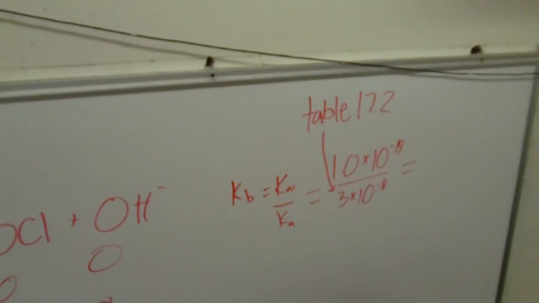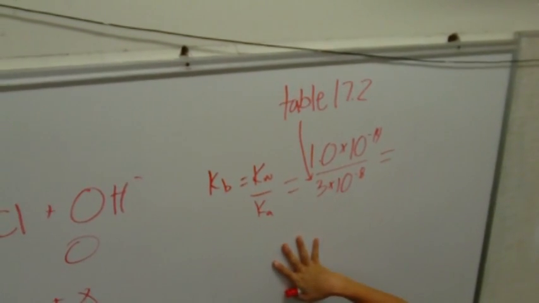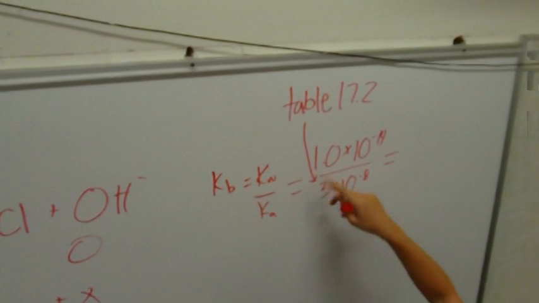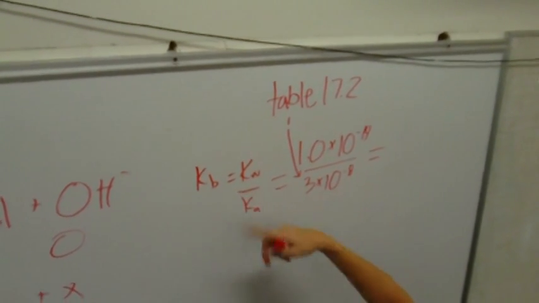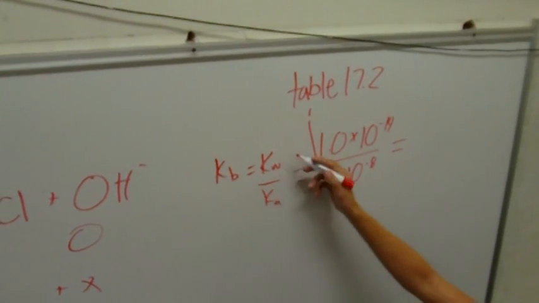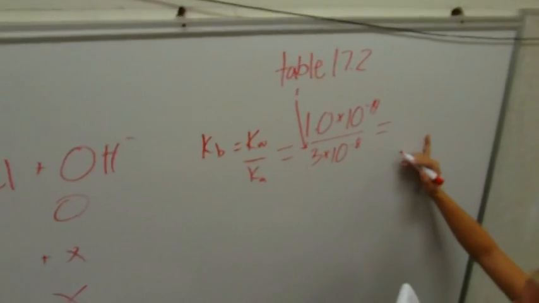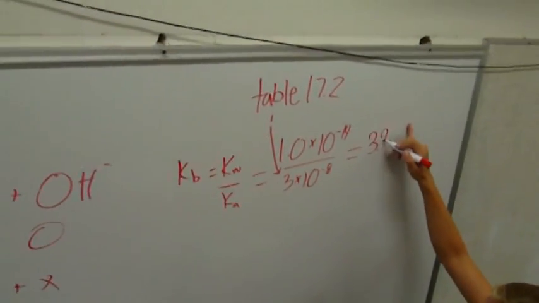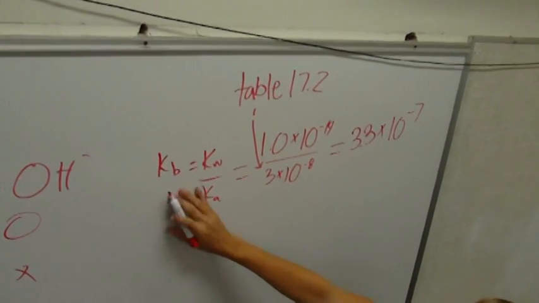Or actually, sorry, they didn't give us anything for K. We got the Ka out of table 17.2. We put it right here so that we can get the Kb, because Kb is Kw over Ka. So what we end up with is 3.3 times 10 to the negative 7 for our Kb value.